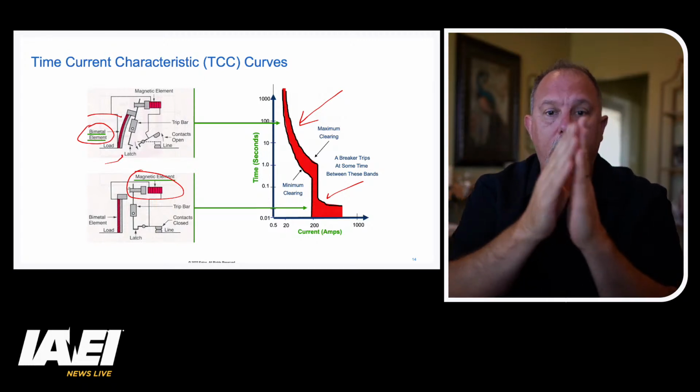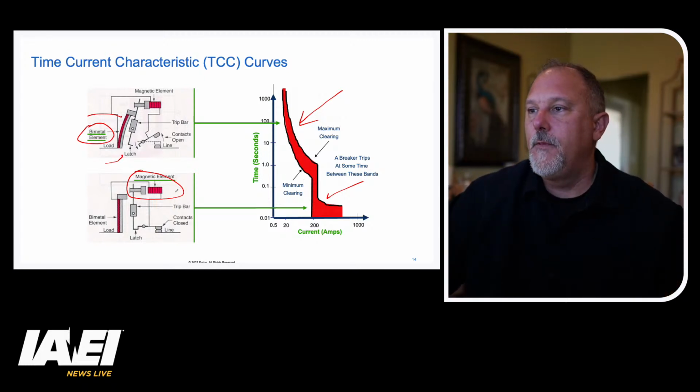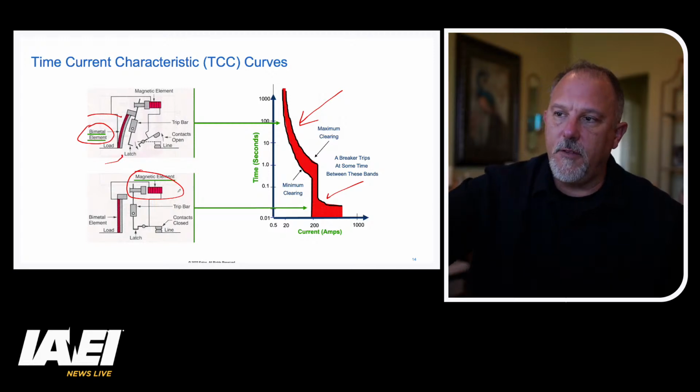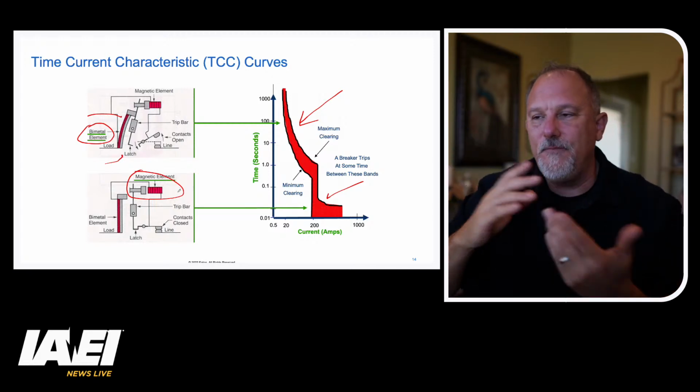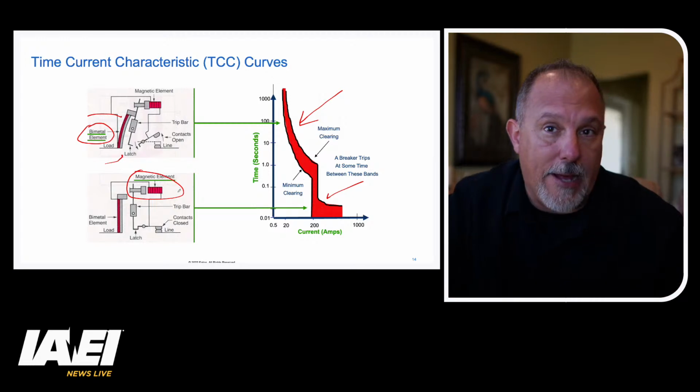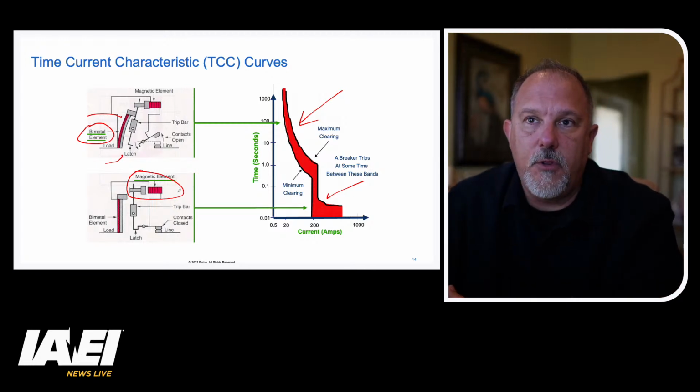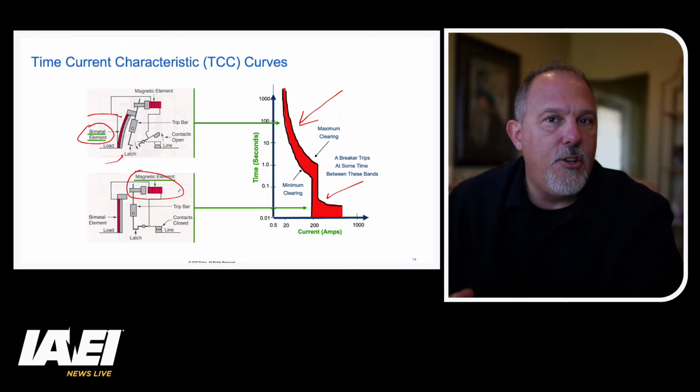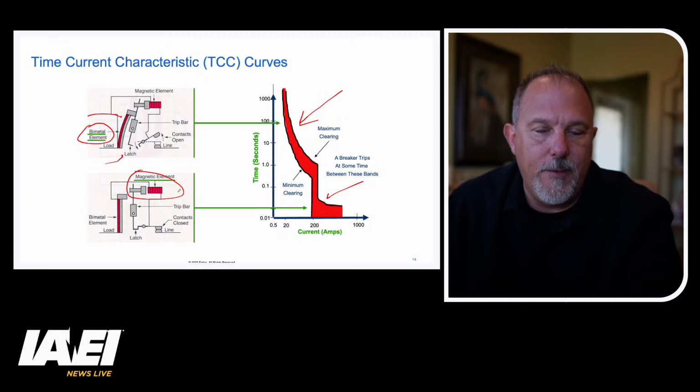You pull that in and it drops the latch. So the magnetic element with the plunger is a great example, and I know some European designs do that from an international perspective. But in your typical thermal mag breakers that you and I know and love, we don't utilize those.